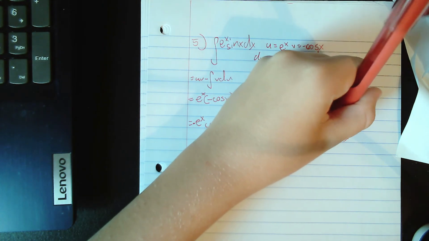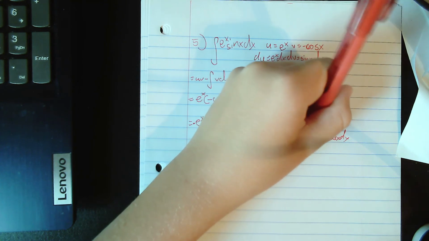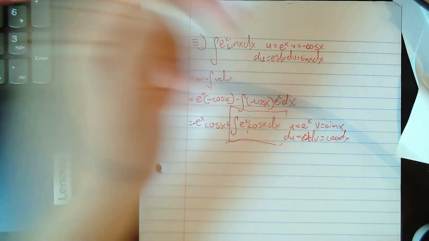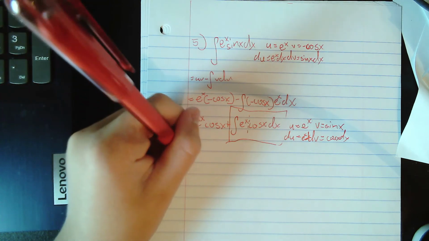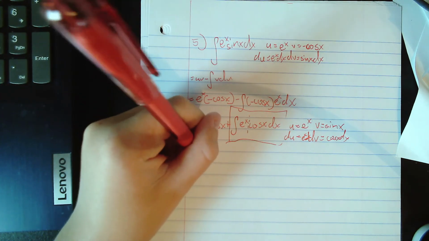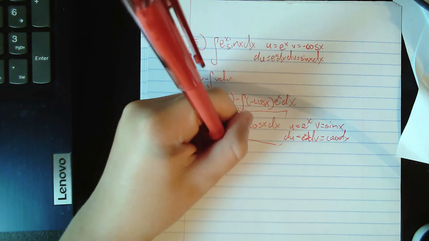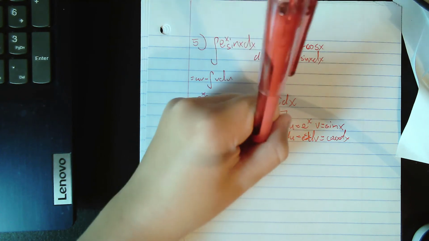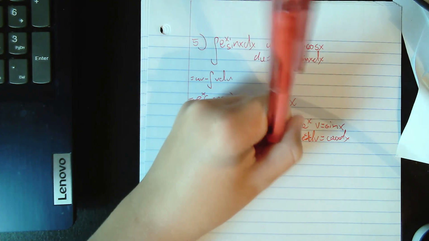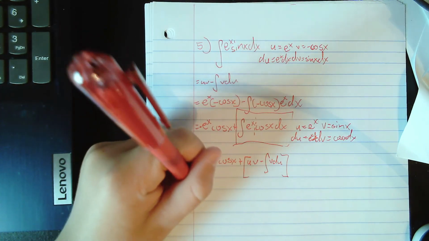V is going to be the sine of x, and du is going to be e to the x dx. So then it's going to be minus e to the x cosine of x plus, in brackets, our formula uv minus the integral of v du. And then we're just going to plug everything in, as we did before.